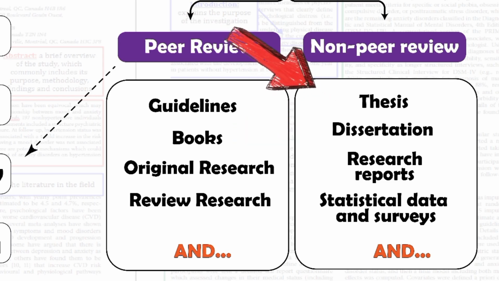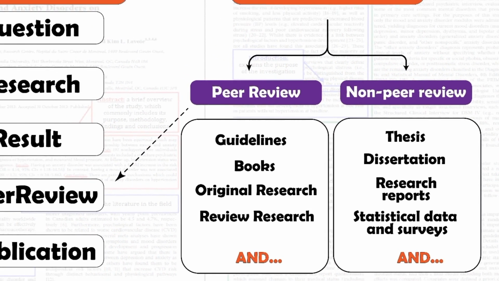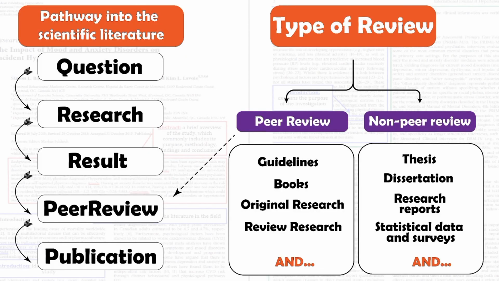For example, theses and dissertations in universities are reviewed by professors, but since this review is not always peer-based and does not follow the formal process of scientific publication, their outputs do not enter the scientific literature and remain in gray literature. The key point is that gray literature may still undergo some form of review, but because this review is not formal and peer-based, it is not classified as part of the scientific literature.